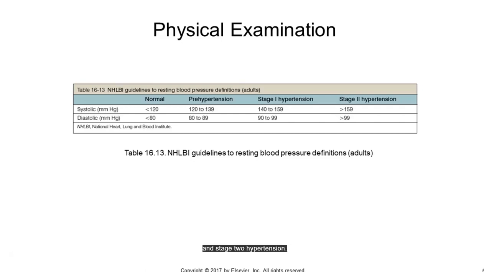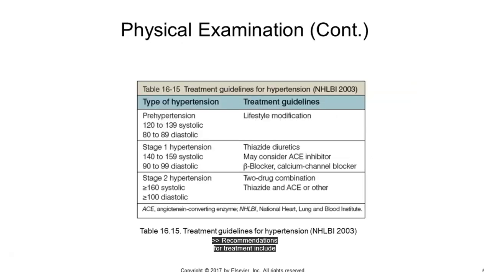And stage 2 hypertension, greater than 159 systolic and greater than 99 diastolic. Recommendations for treatment include lifestyle modification for prehypertension, additional treatments of diuretics, ACE inhibitors, beta blockers, or calcium channel blockers for stage 1, and a 2-drug combination for stage 2.